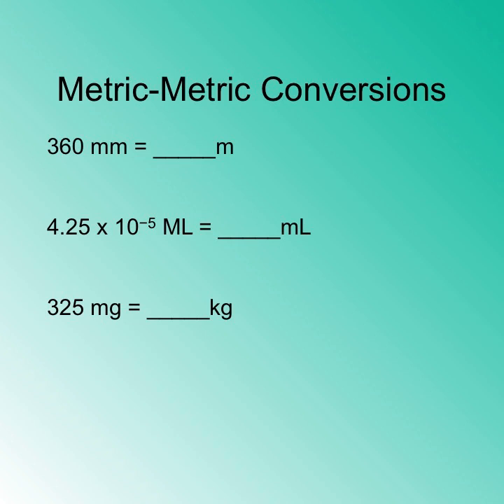So then I type in 325 times 1 times 10 to the negative third, and then divided by 1 times 10 to the third. And I end up getting 3.25 times 10 to the negative fourth kilograms, or 0.000325.